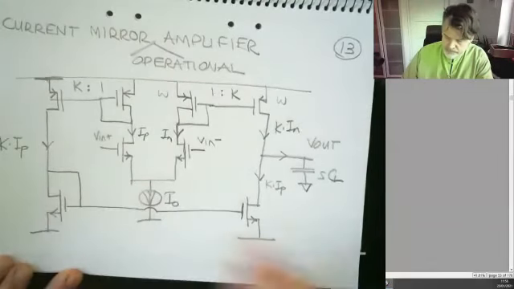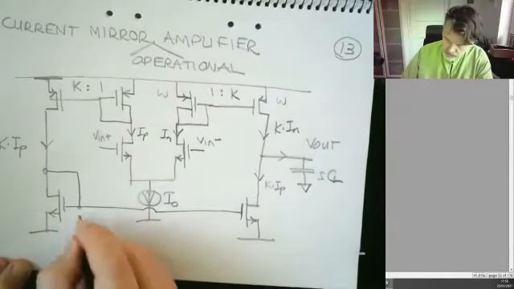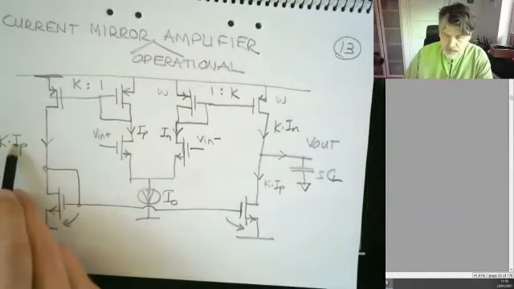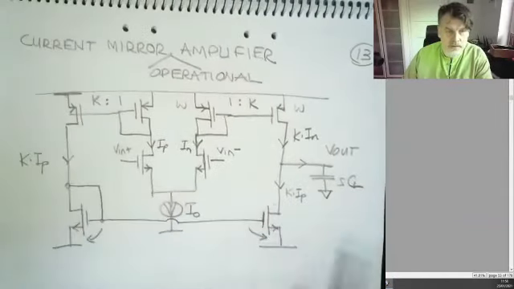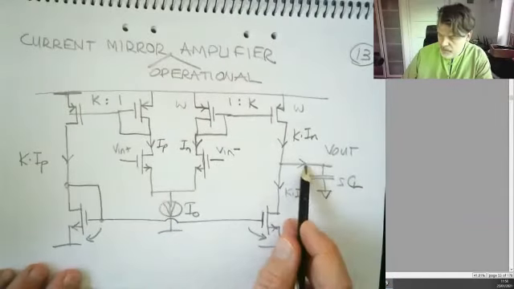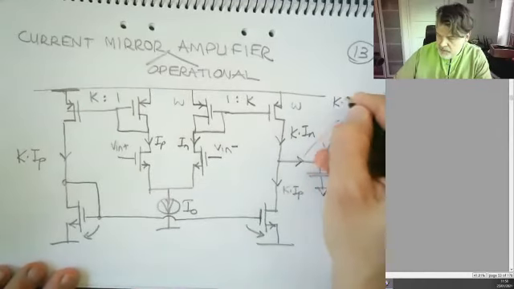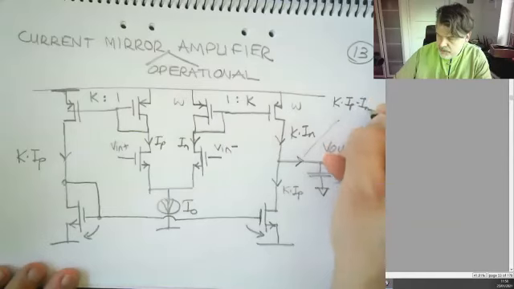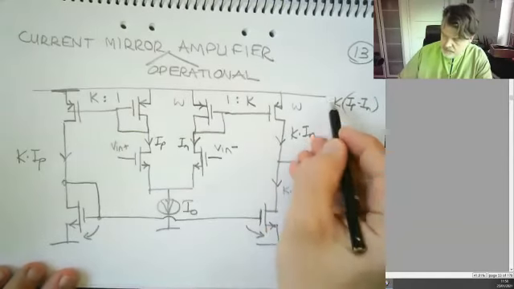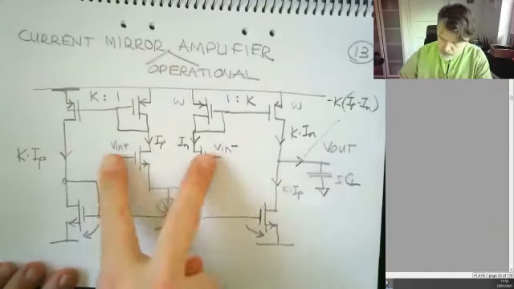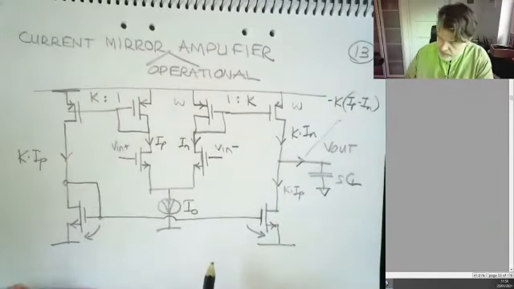So PMOS. So both of these two transistors have the same VGS at the bottom. So whatever I mirror at this side, I get also at this output, and then this guy will be K times IP minus IN. And there is a minus in this particular case, the way I've drawn it. I should have flipped the names here, would have been more logical.